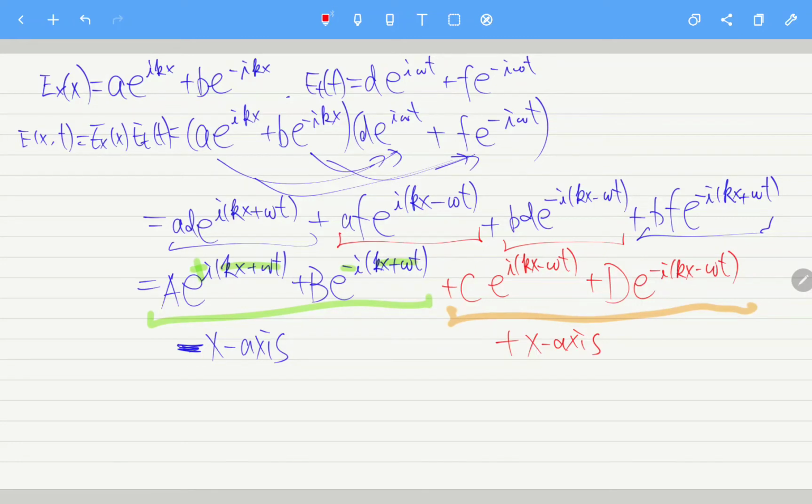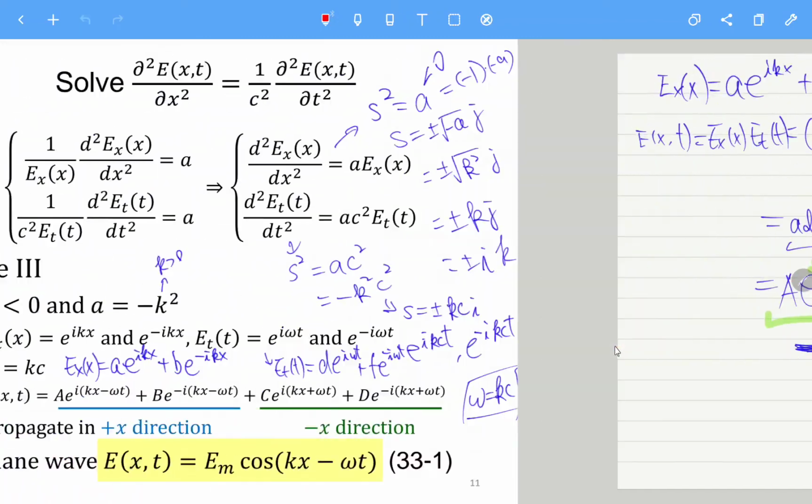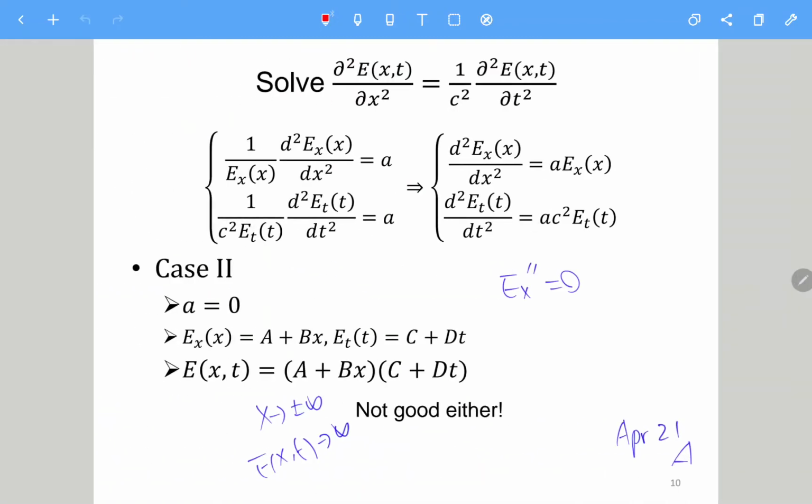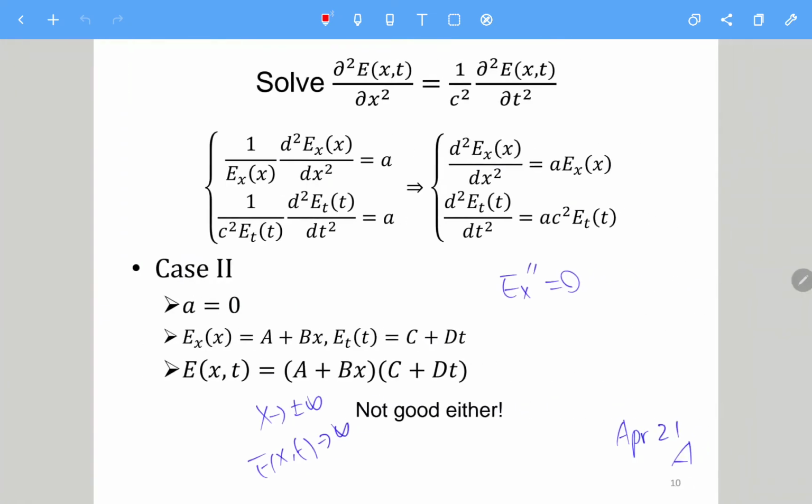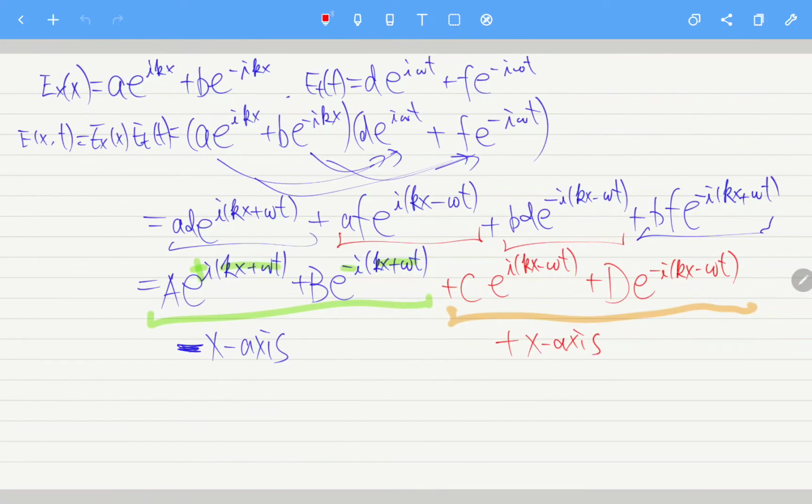And the point here is, actually, when we try to solve the wave equation, this wave equation is a real value equation. So we also suppose the solution to this wave equation is also a real function. But here we have a complex function. This is a complex function.